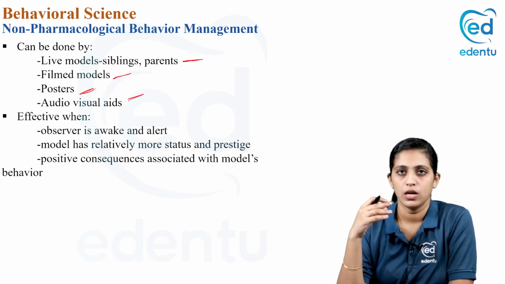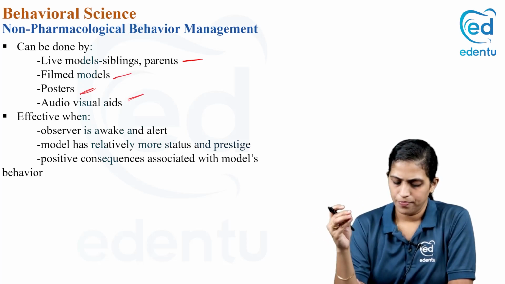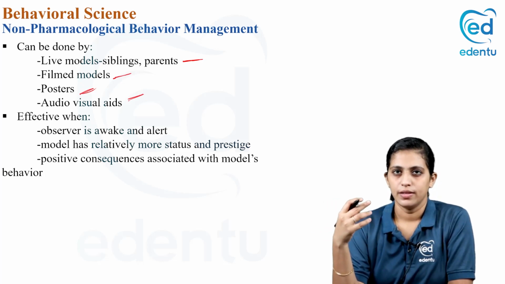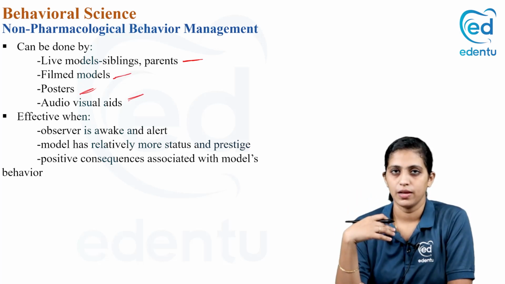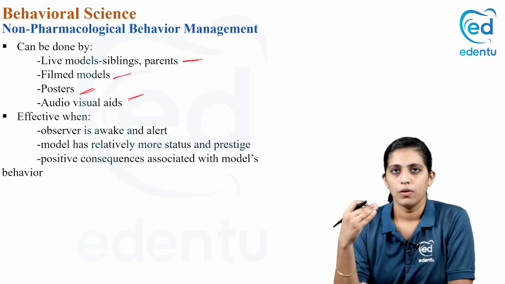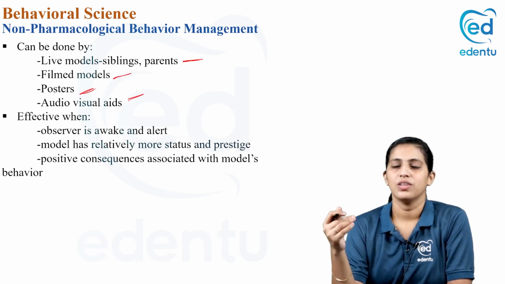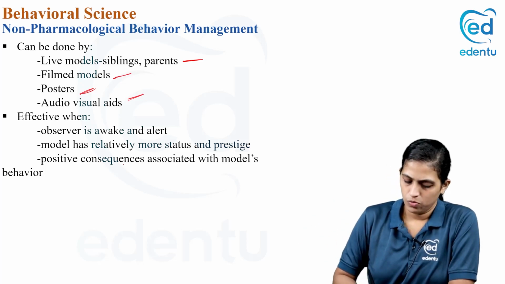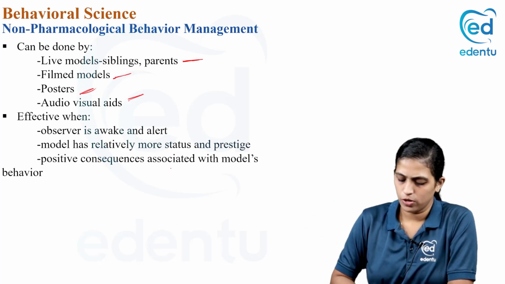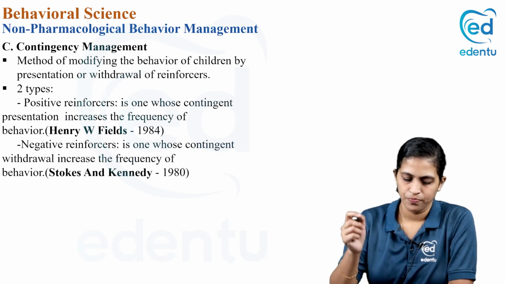And if the positive behavior of the model is rewarded, then the child who is observing, or the younger sibling, will also want to behave properly, so that he or she also gets the gift or the reward. So a model with relatively positive consequences associated with the behavior will also be more effective.